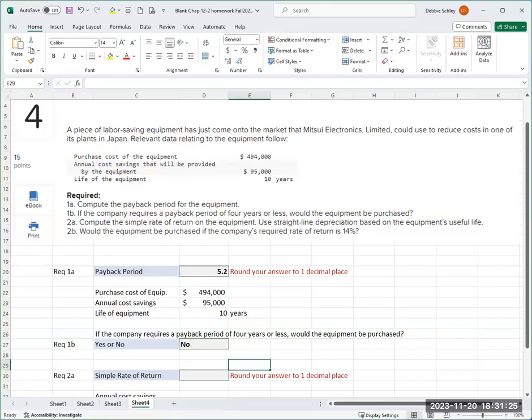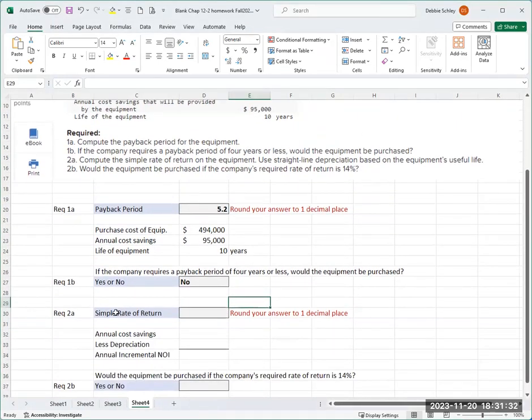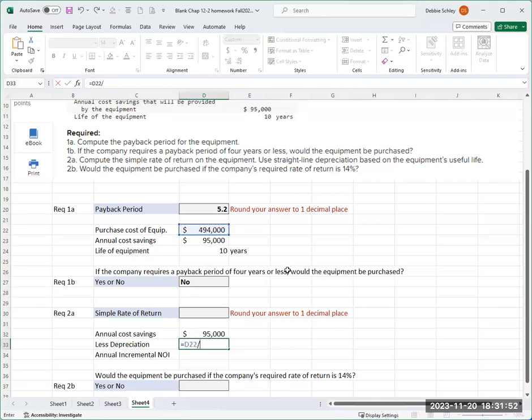Okay, simple rate of return. So we have to figure out, again, simple rate of return. We're going to subtract depreciation. So annual cost savings is 95,000, and my depreciation is the purchase cost of the equipment divided by 10 years because it's straight line depreciation.